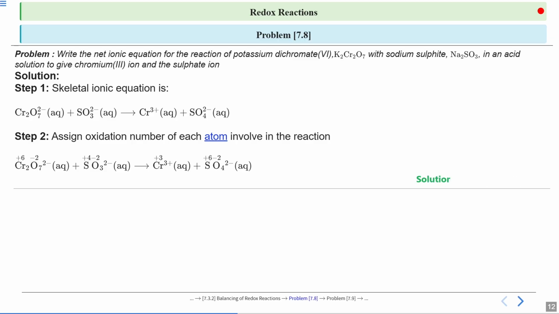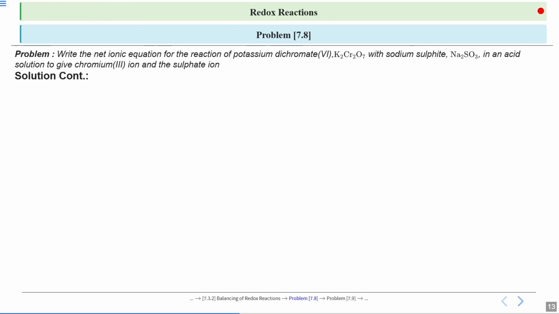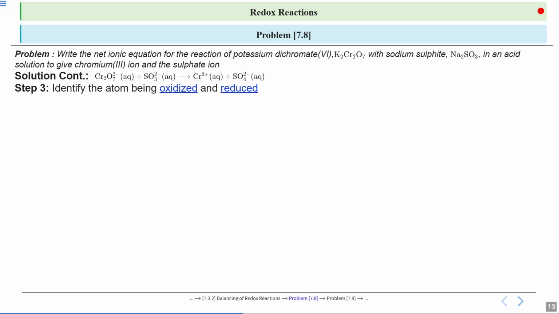Now let's continue. Step 3 is to identify which one is the oxidizer and which one is the reducer. That means we will identify which atom has lost electrons and which one has gained electrons.